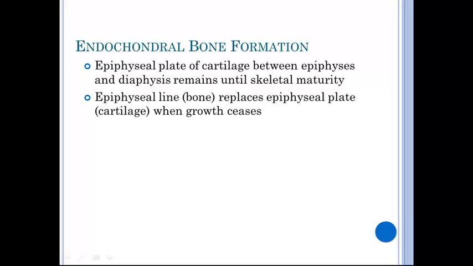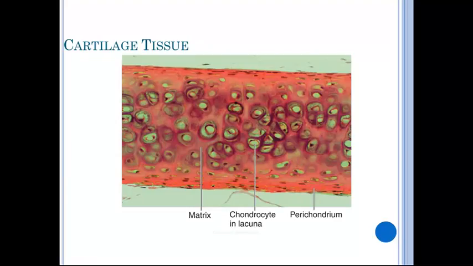The epiphyseal line, which is bone, replaces the epiphyseal plate, which is cartilage, when growth ceases. So this shows that when children are young, there's going to be cartilage in the bone matrix, and this is what we see when we look at the epiphyseal line when it is not fused.